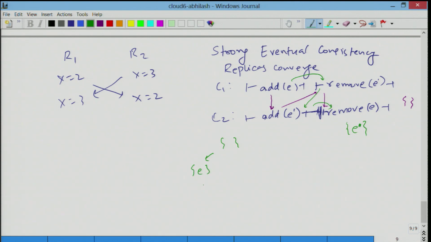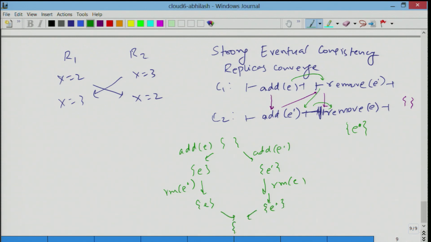But in case of our shopping cart, add E adds E, then the remove E prime makes it stay at E, add E prime adds E prime, remove E lets it stay at E prime, and when we merge, we might merge to E and E prime. So this is SEC, right?